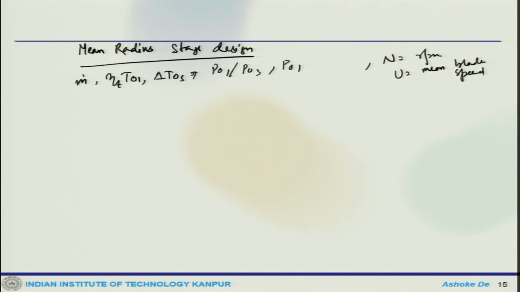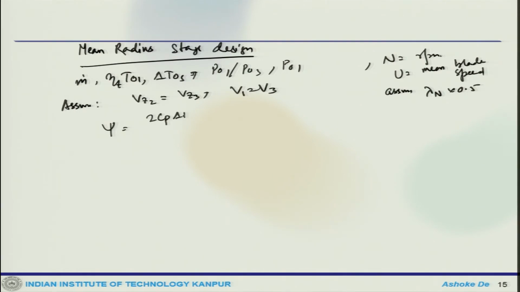Also we assume some value of lambda n, let us say 0.5, which is a reasonable guess, and we start with an assumption Vz2 is Vz3 and V1 would be V3. Okay. So, then we write this 2 Cp delta T naught s by U square.